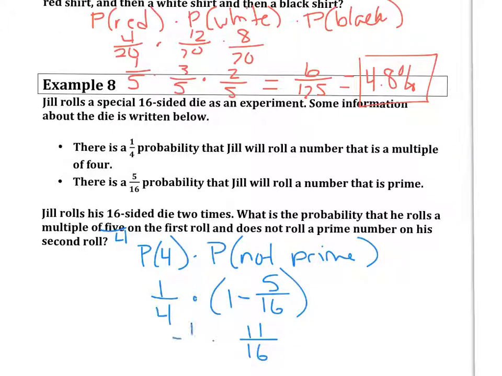So to find this probability, we would do 1/4 times 11/16, which would be 11 out of 64. And then I divide 11 by 64 to get my percent, and it's about 17.2%. Okay, thank you.